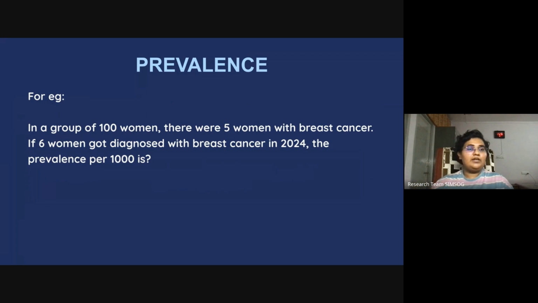Before we get to that, let us look at a very small example once again. I have a group of 100 women and 5 of them had breast cancer. And this year, 6 of them got diagnosed with breast cancer other than these 5. So what would be the prevalence per 1,000?